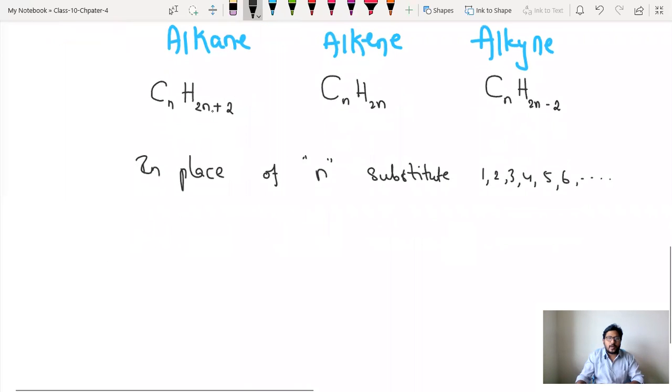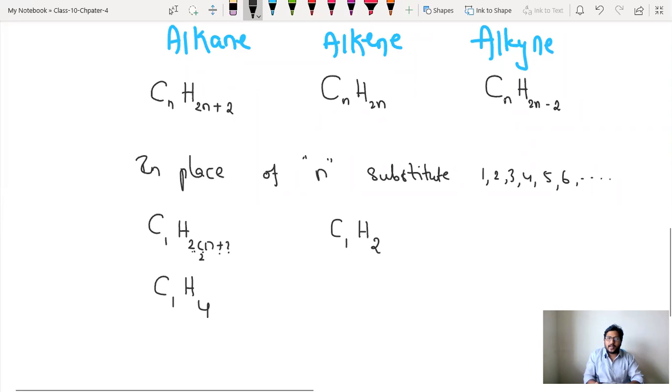If you substitute 1 in alkane, it will become C1H2 into 1 plus 2, that is nothing but C1H, 2 into 1 is 2, 2 plus 2 is 4, C1H4. If you substitute 1 in alkene, it will become C1H2 into 1, 2.